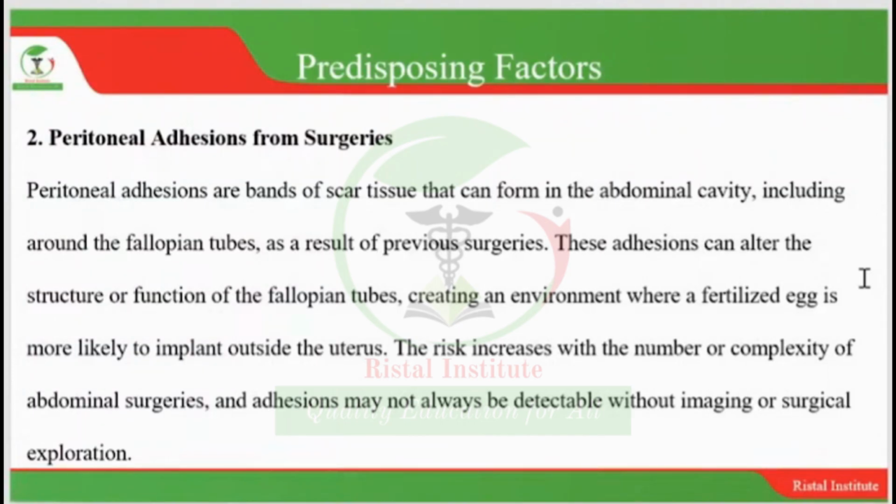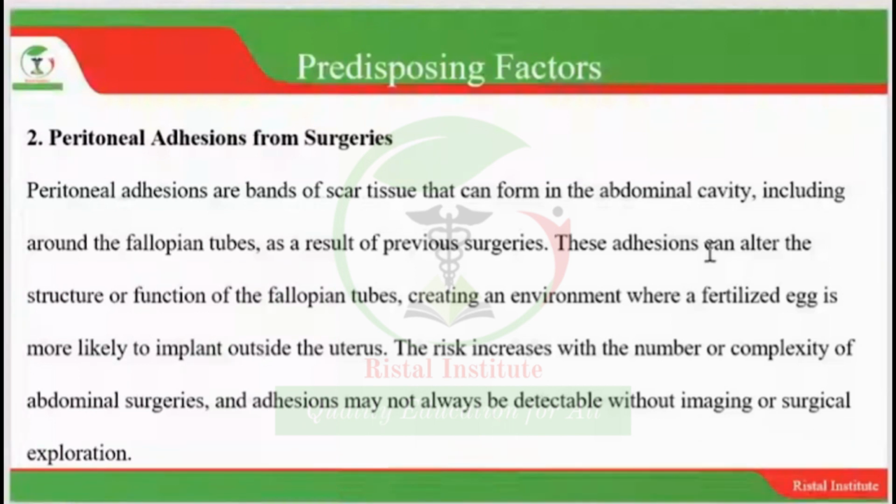These adhesions can alter the structure or function of the fallopian tubes, creating an environment where a fertilized egg is more likely to implant outside the uterus. The risk increases with the number or complexity of abdominal surgeries, and the adhesions may not always be detectable without imaging or surgical exploration.